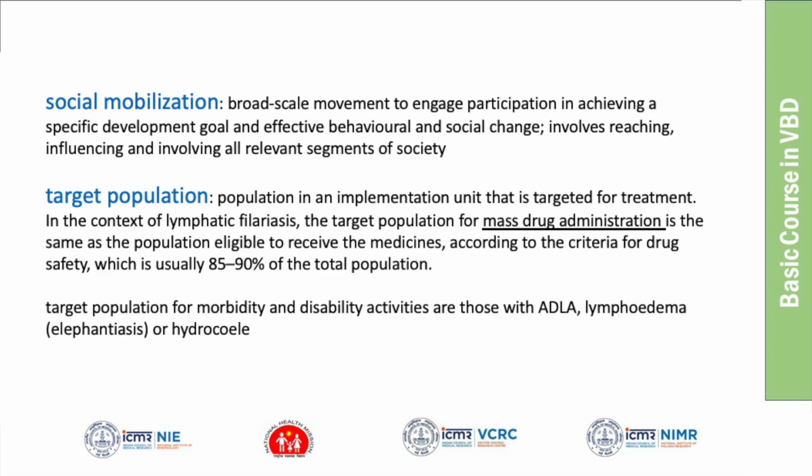So ultimately you will be aiming to cover 85 to 90% of the total population. That is called target population for MDA. And the target population for morbidity management is again the people who are suffering from clinical illness, maybe ADLA, lymphedema, elephantiasis or hydrocele.